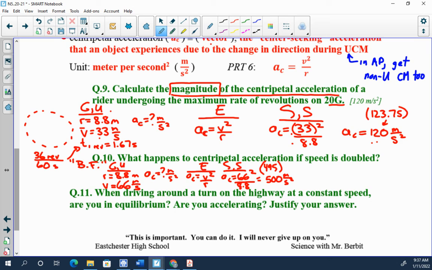Now there is a finesse method for this. And so this is our second exposure to the finesse method this unit. The finesse method actually makes your life much easier. Knowing that AC is V squared over R, what we can instead do is plug in our multiples. Does V change? Yes, it does. How so? It doubles. So we put a 2 up there.